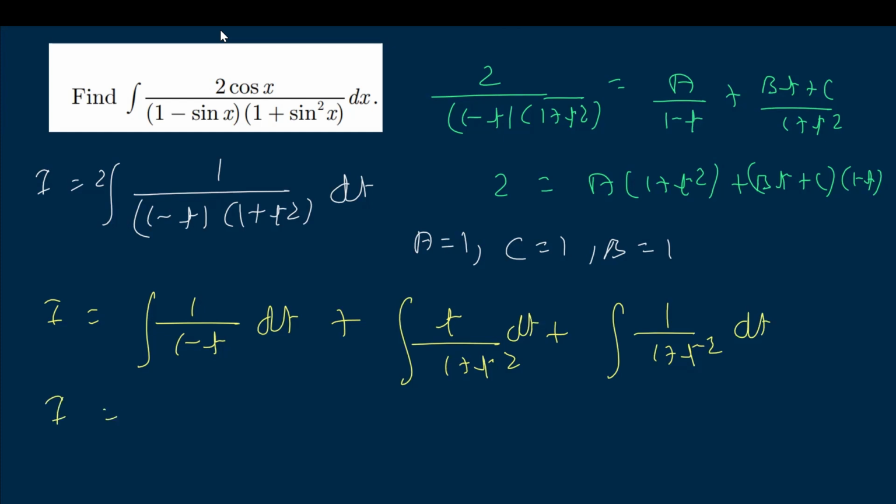This is log mod 1 minus t. And here we are going to multiply half, sorry, 2 and half over here. So taking this as z, this is 2z, so we can do it directly, log mod 1 plus t square.